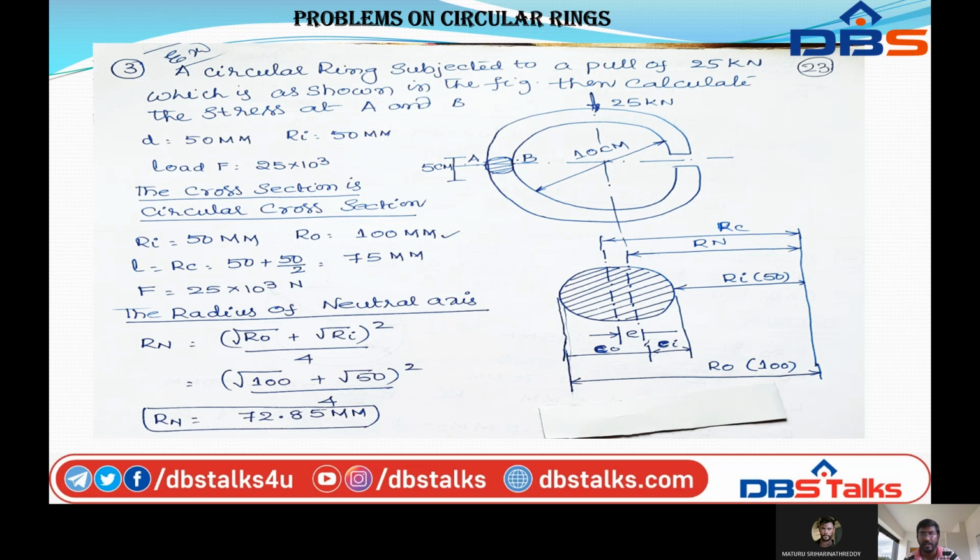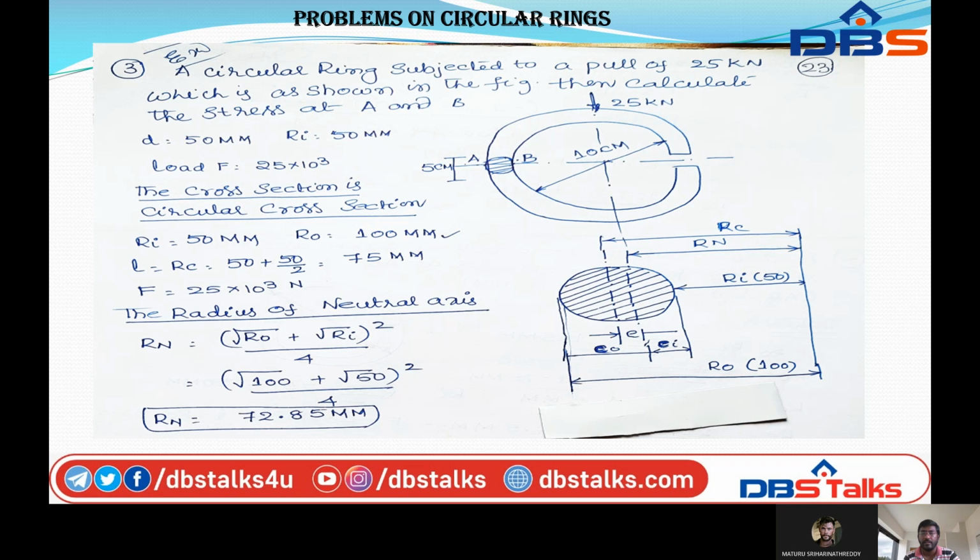We can draw the circular cross section from the Jalaluddin data book, page number 4.20. We draw the circle with the cross section, and some distance away we draw the central line. Ri is the distance between the inner fiber and the central line. Rn is the distance between the central line and the neutral axis.